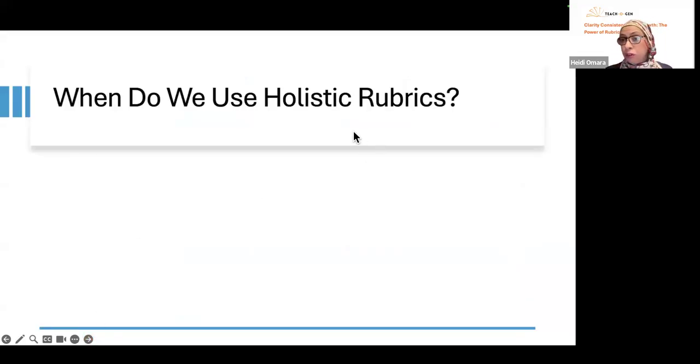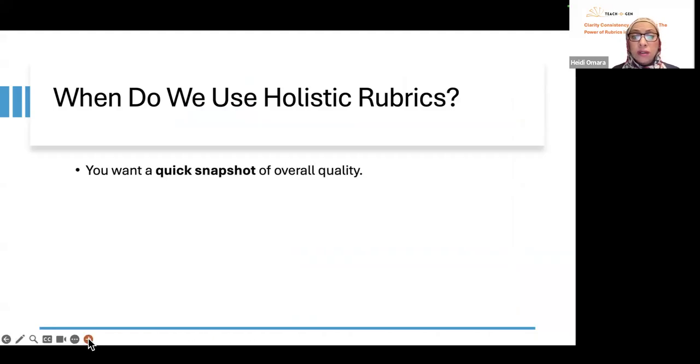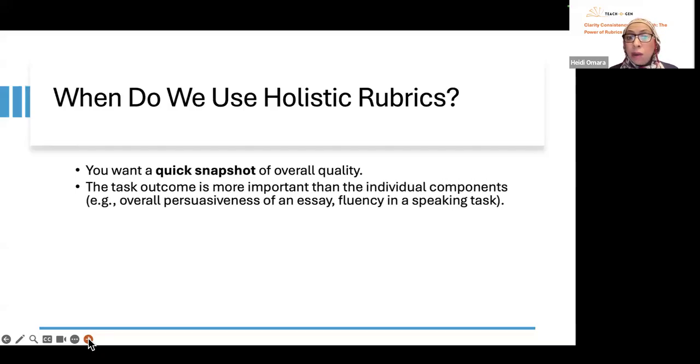So if we go back to the first one, the holistic rubric, what do we use it for? Holistic rubrics have lots of uses. If you want a quick snapshot, use a holistic rubric. If the task outcome is more important than the individual components, yes, use a holistic rubric. I'm looking for the overall persuasiveness of an essay, or fluency in a speaking task. I'm looking for the whole thing.